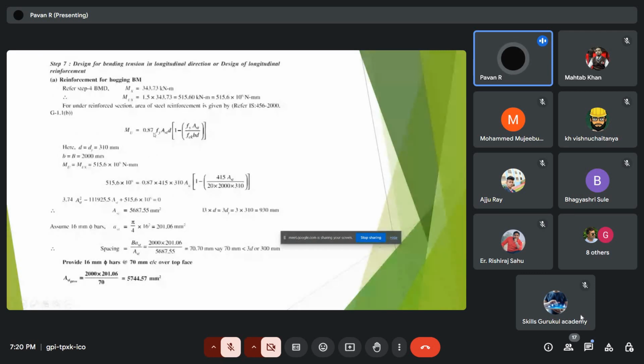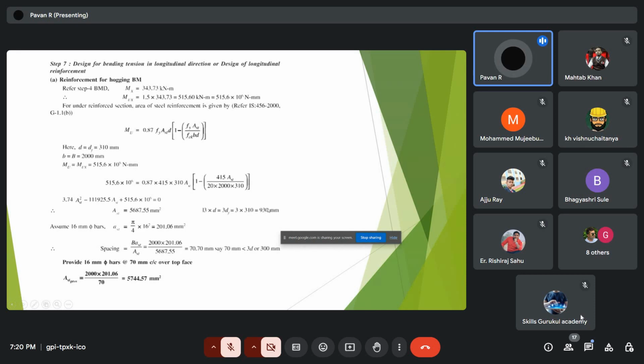After substituting the value of Mu, which is 505.6 into 10 to the power of 6 Newton millimeter, and all the values, we can work out the Ast. The Ast comes out to be 5687.55 millimeter square. We should also calculate the spacing, that comes out to be 770 mm, which is less than the 3d. That is okay. 3d is 3 into 3.